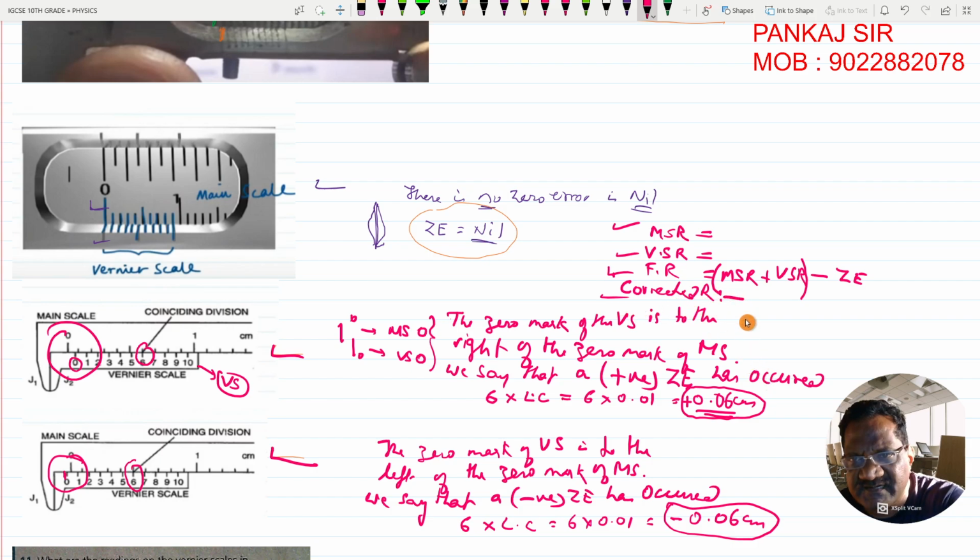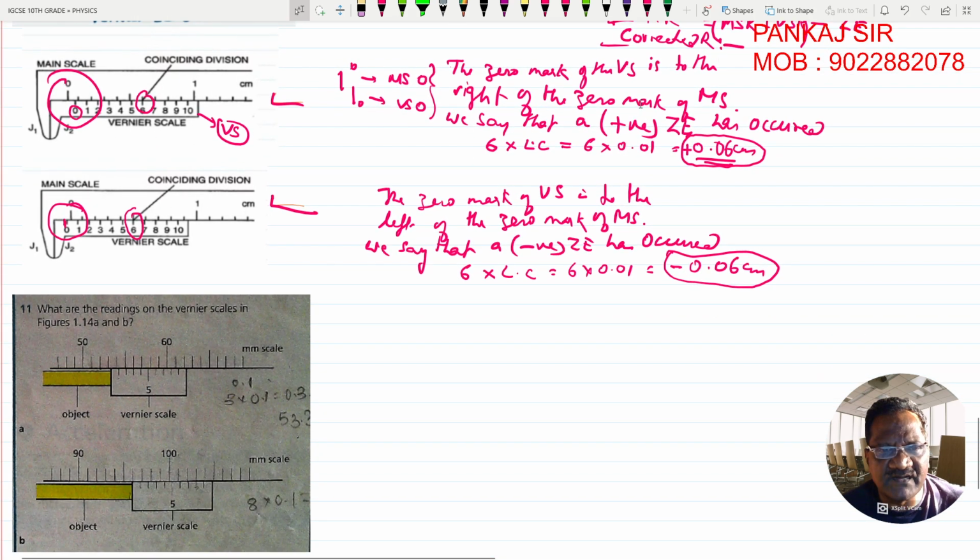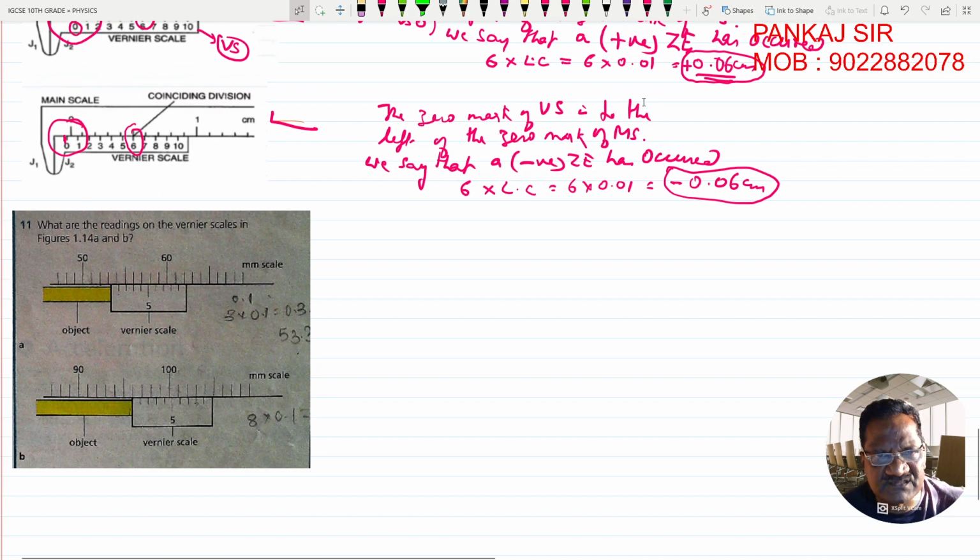Is that okay? Now, once you have understood the concept of zero error and the concept of least count, let us try to do this numerical from your IGCSE Tom Duncan textbook.